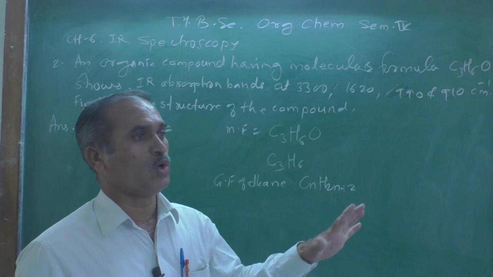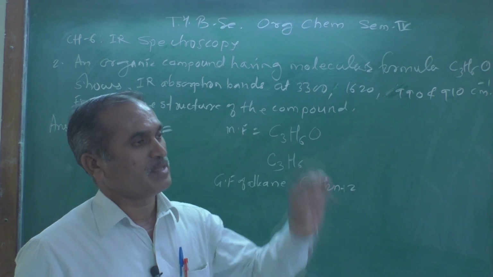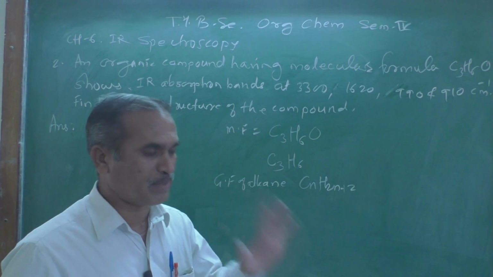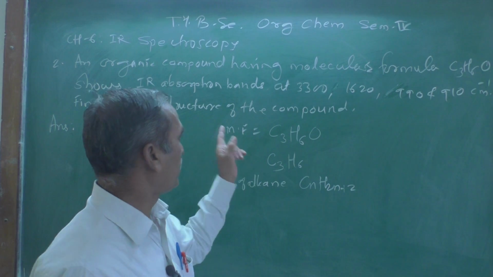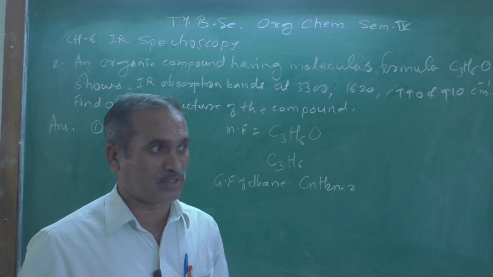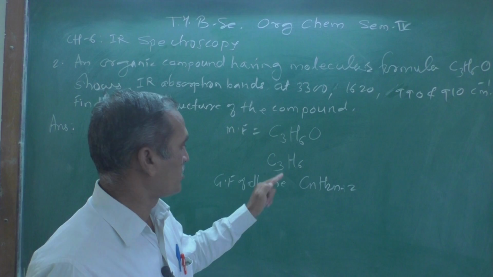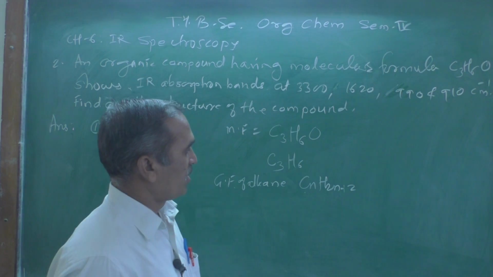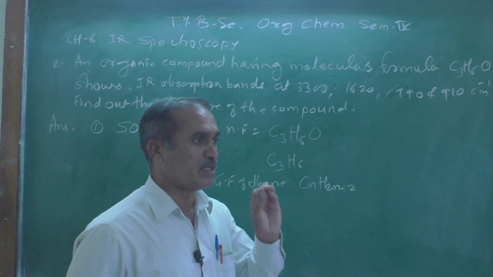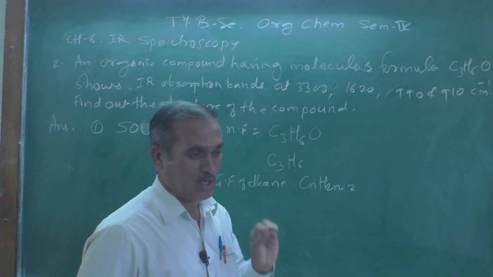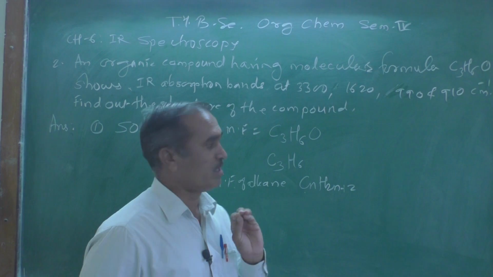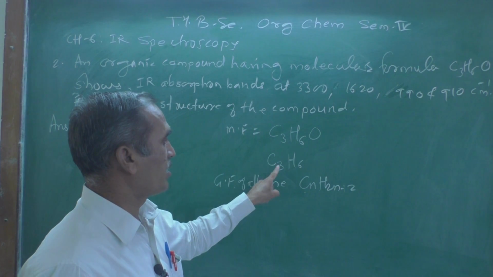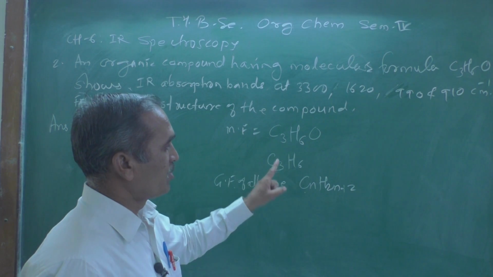An alkane is a saturated compound, and now we are determining the site of unsaturation. Here the general formula of alkane is CnH2n plus 2, where n means the number of carbon atoms you have to consider. Look here, there are 3 carbon atoms.